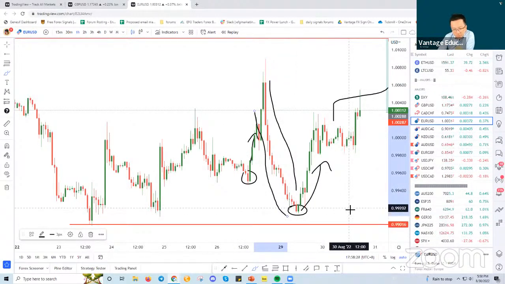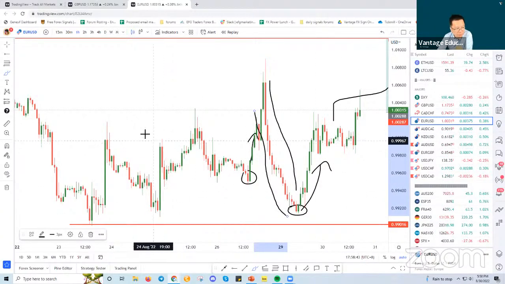A lot of times I find that traders would look to scalp just because they want to scalp, but it becomes a bit of trying to make trades when the market is not moving, right?